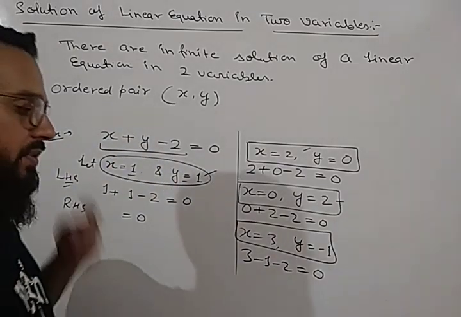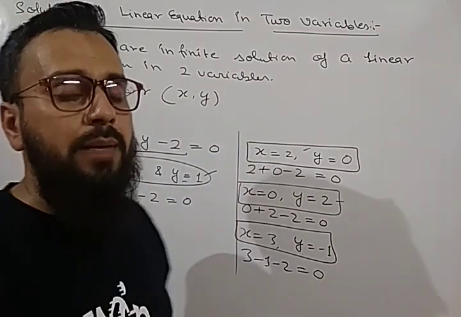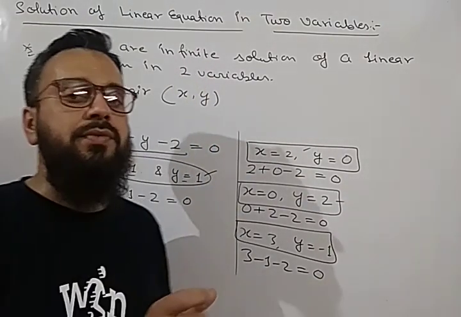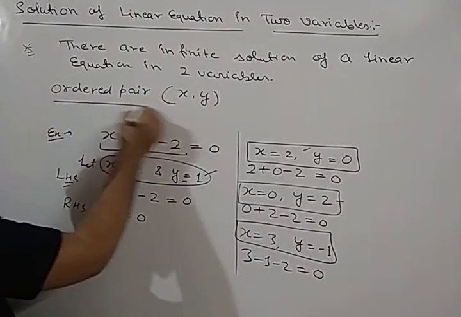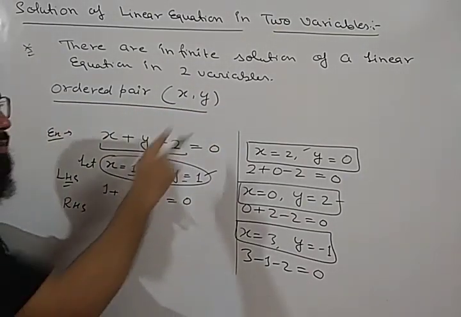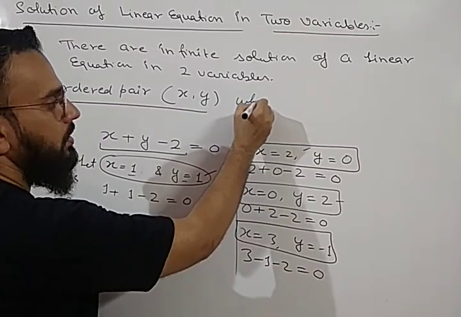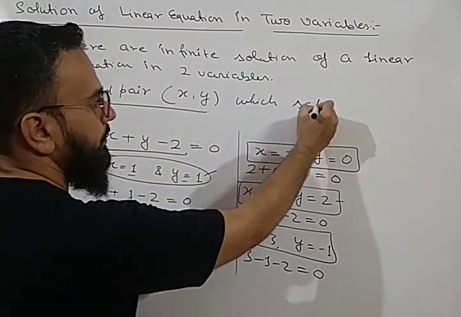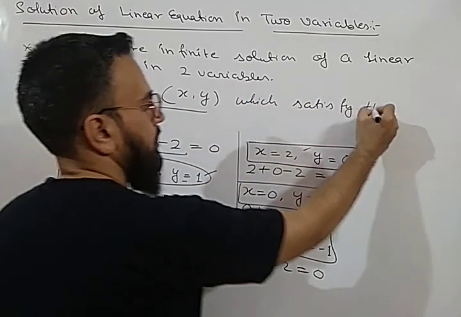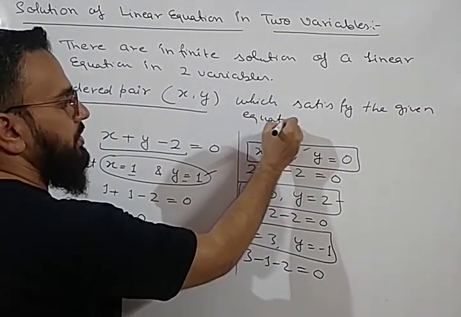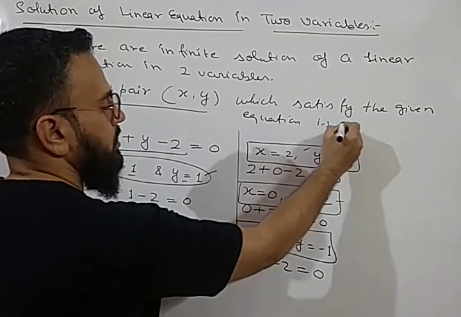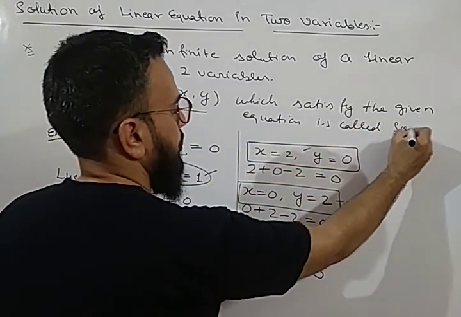It means we can say that in a pair of linear equation in two variables, the ordered pair of values x and y which satisfy the given equation is called a solution.